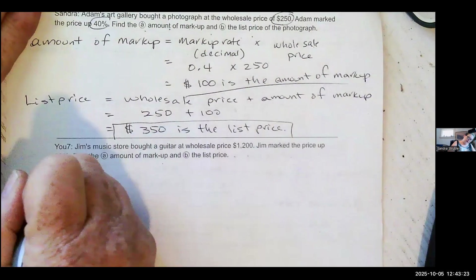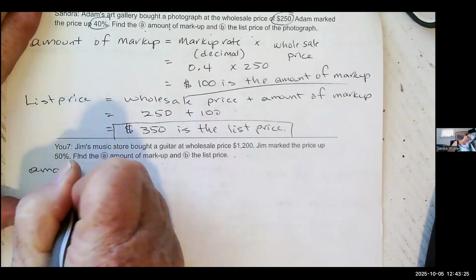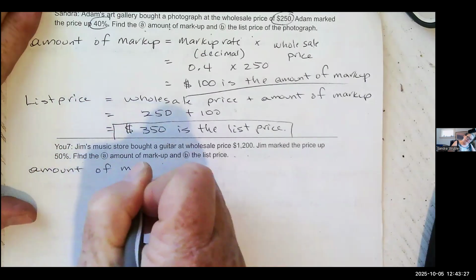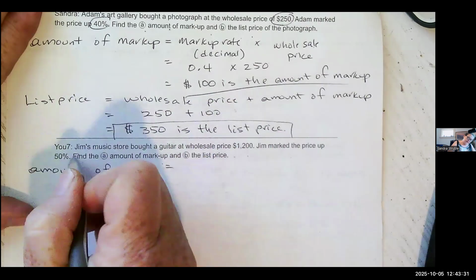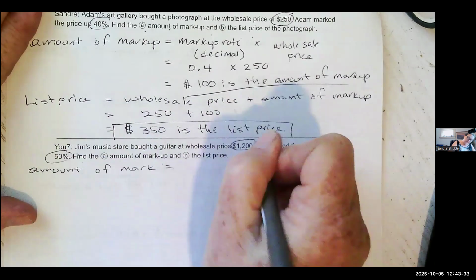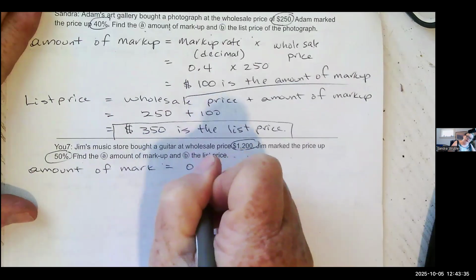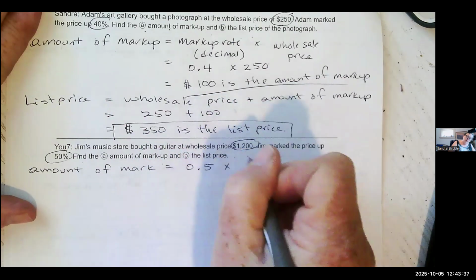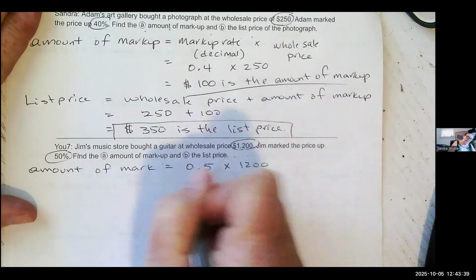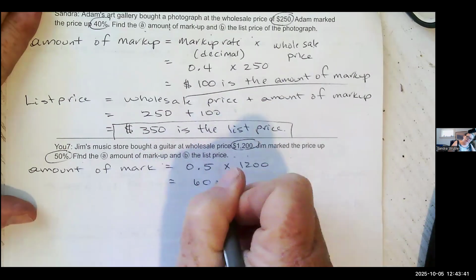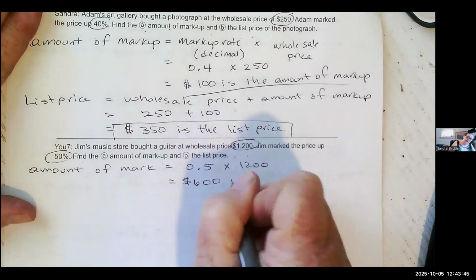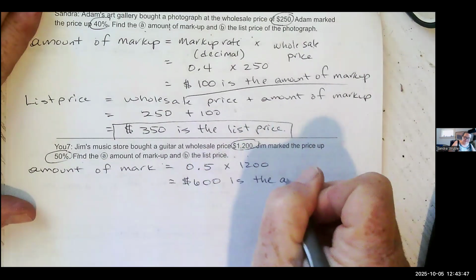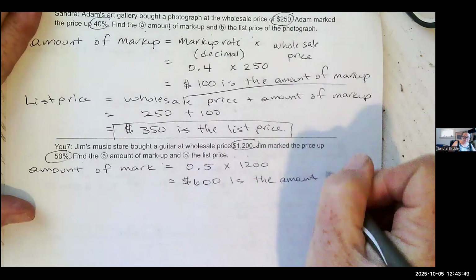All right, the amount of markup is the markup rate. In this case, it is 50%. So 50 divided by 100 is 0.5 times the wholesale price of $1,200. So 0.5 times 1,200 is $600, the amount of markup.